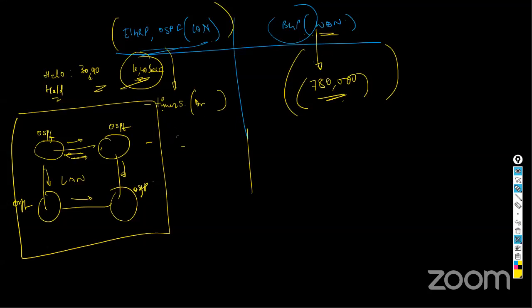Let's talk about algorithms. What is the main decision-making criterion in the case of EIGRP and OSPF? It's your metric. Metric is nothing but cost. In the case of EIGRP, I'm going to see what the cost is, and then decide to send the route to so and so.